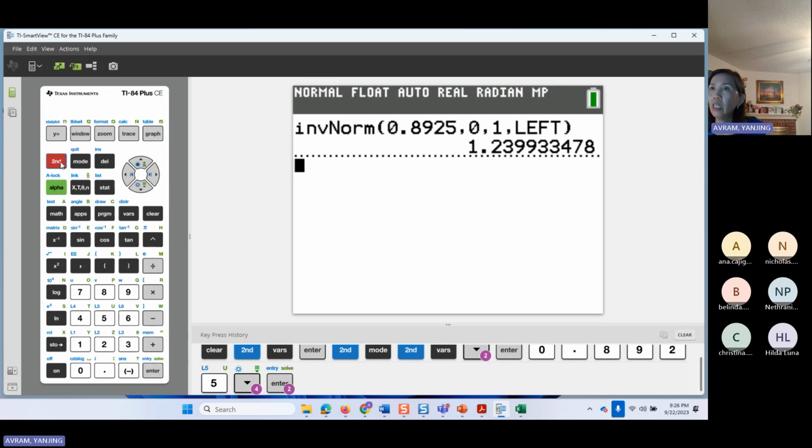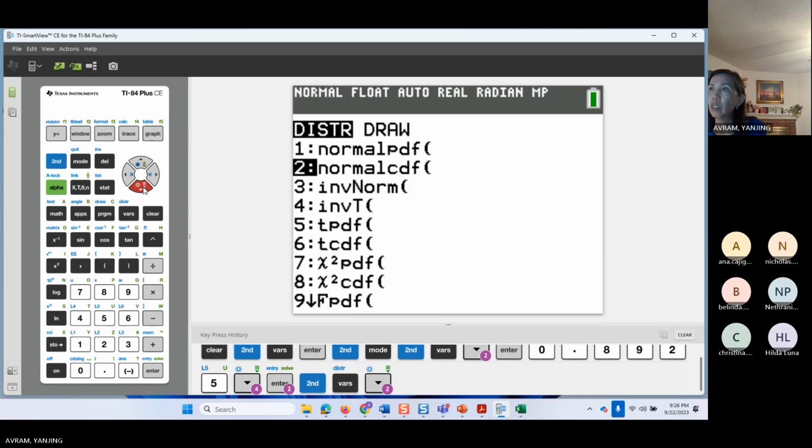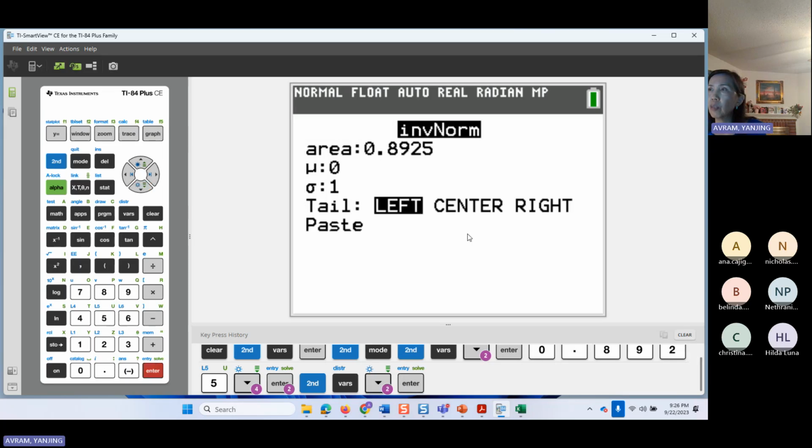Now look at this one right here. Since my calculator is a newer version, I have an area option.